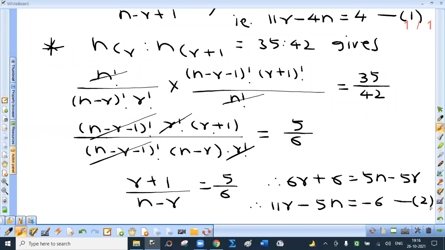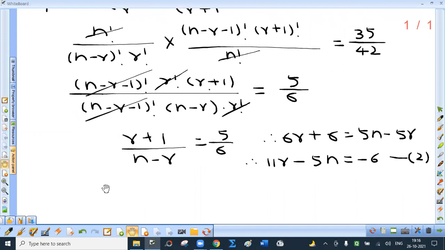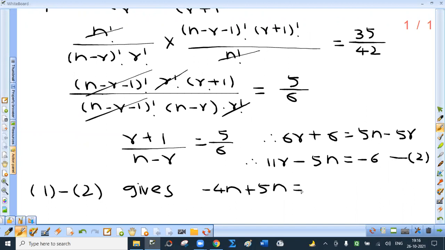You will notice that in the first equation also the coefficient of r is 11 only. So I'll just subtract one equation from the other. Equation 1 minus equation 2 gives minus 4n plus 5n equal to 4 plus 6, that is n equal to 10.